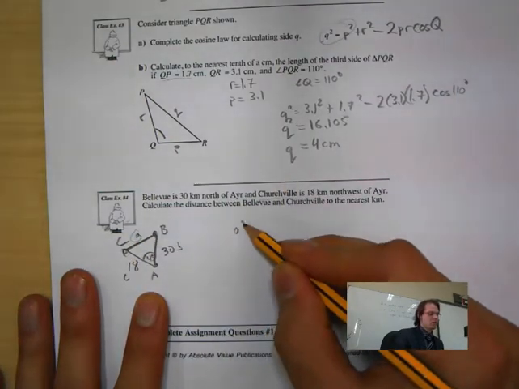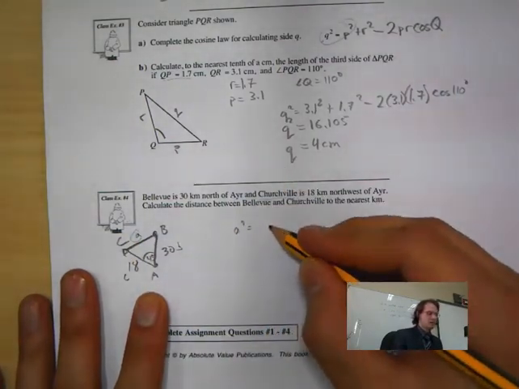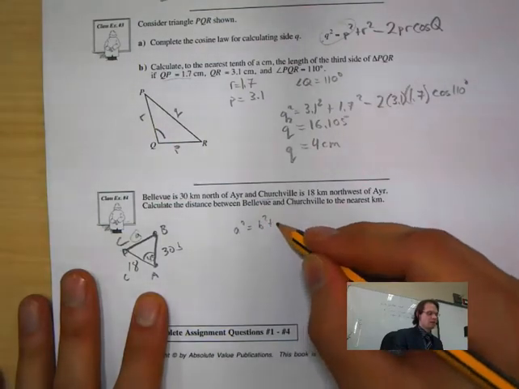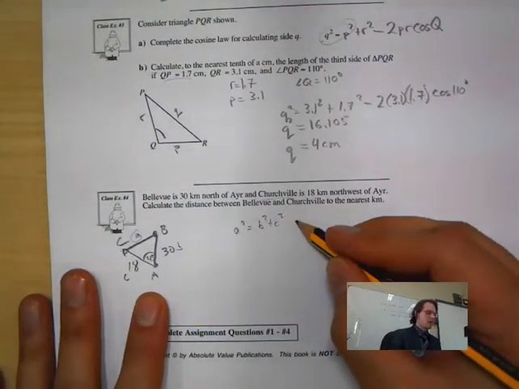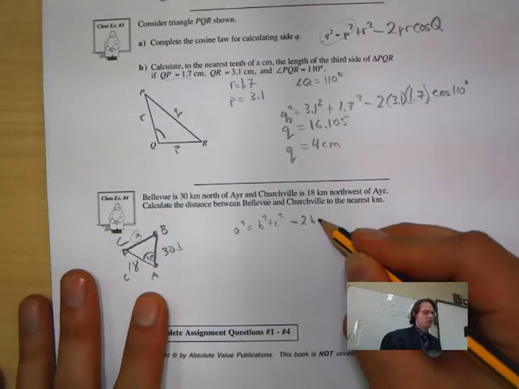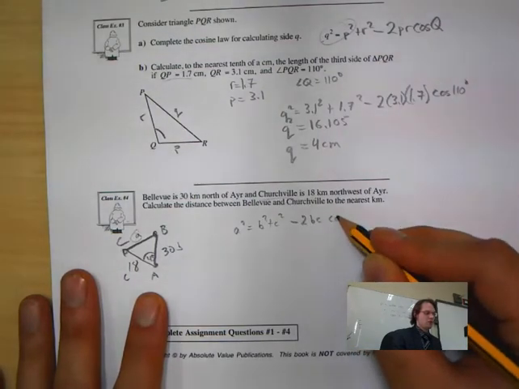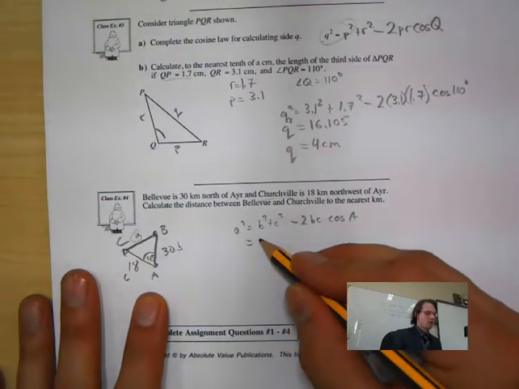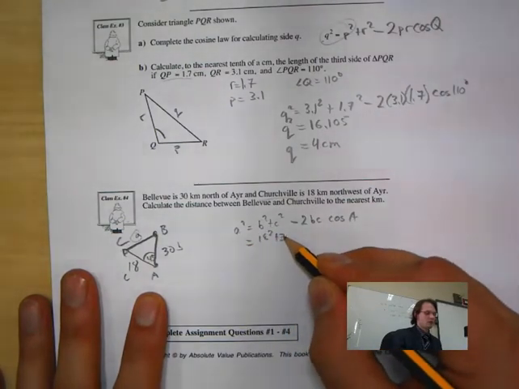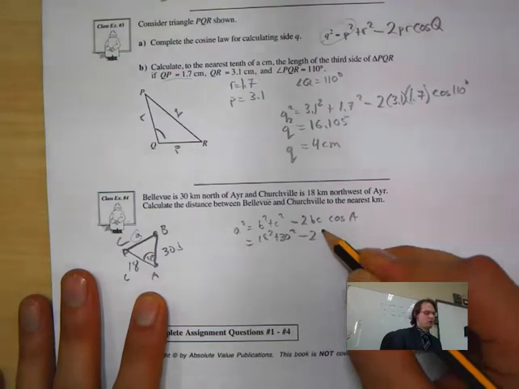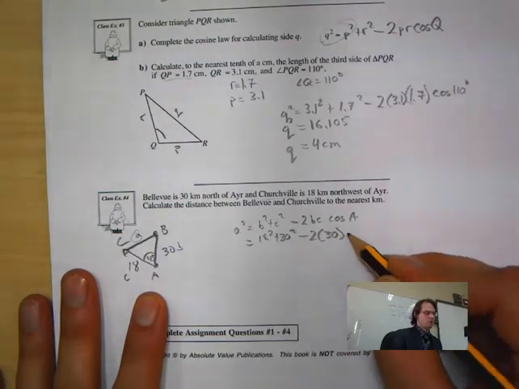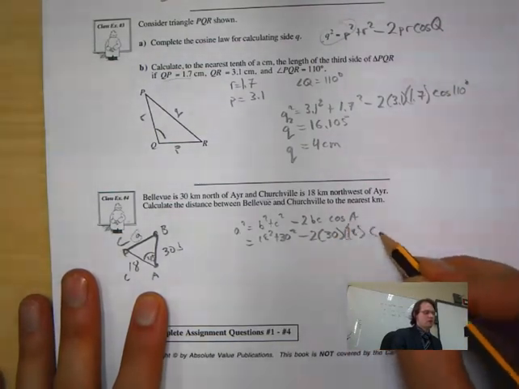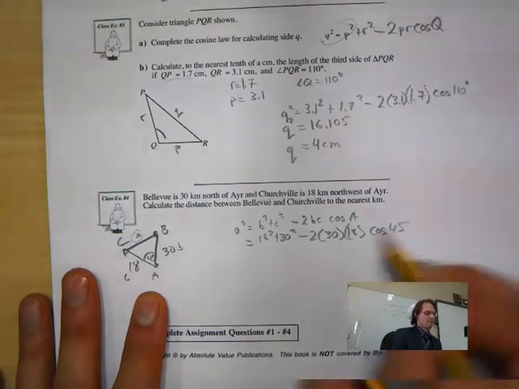So A squared is equal to B squared plus C squared. And we have minus 2 BC, and then we have cos A. Plug in what we know, I'm going to get 18 squared plus 30 squared minus 2 multiplied by 30 multiplied by 18, and we have cos 45.